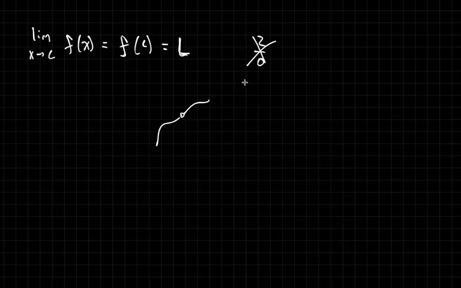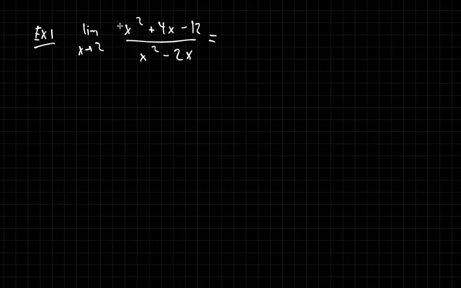So in those cases, we might resort to something like factoring. This first example says the limit as x approaches 2 for x squared plus 4x minus 12 over x squared minus 2x equals our answer.